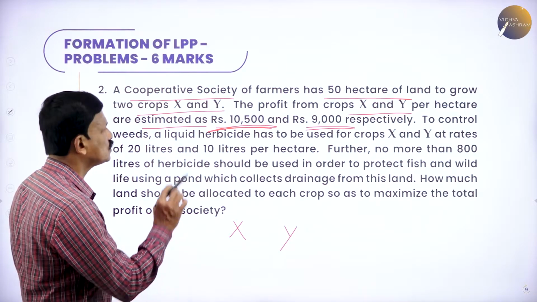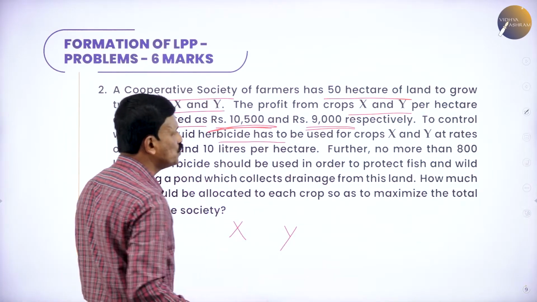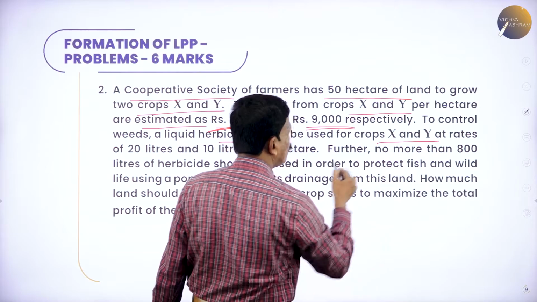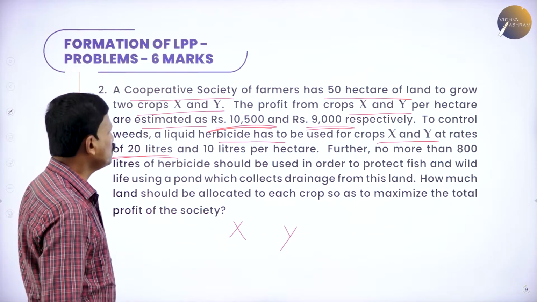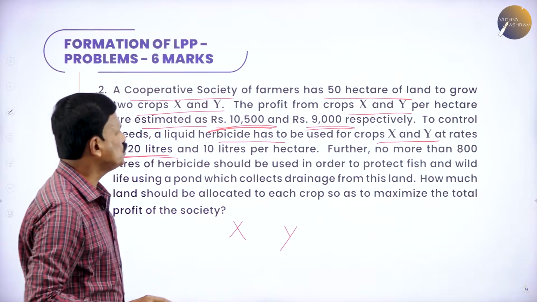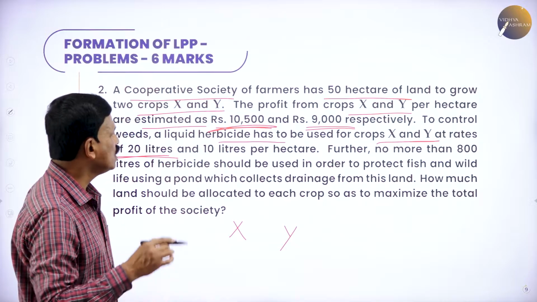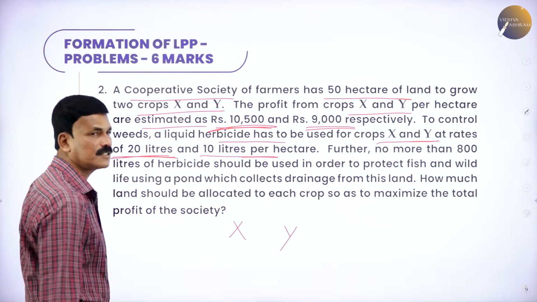To control weeds, a liquid herbicide has to be used for crops X and Y at the rate of 20 liters and 10 liters per hectare.